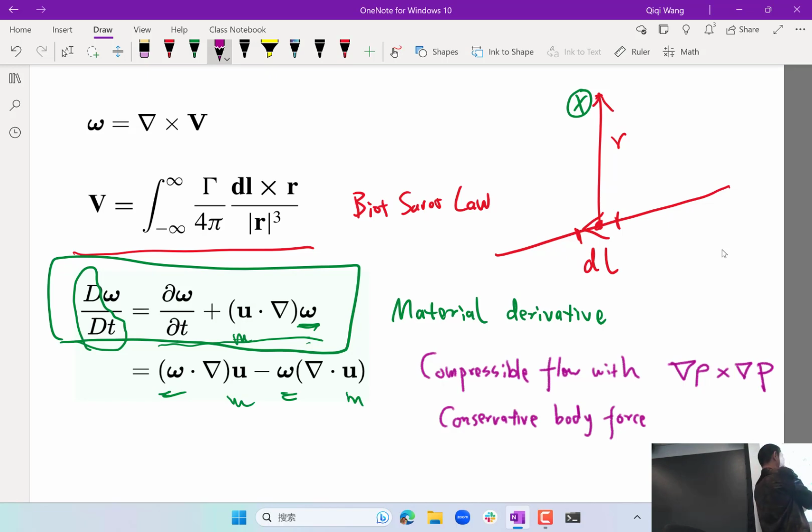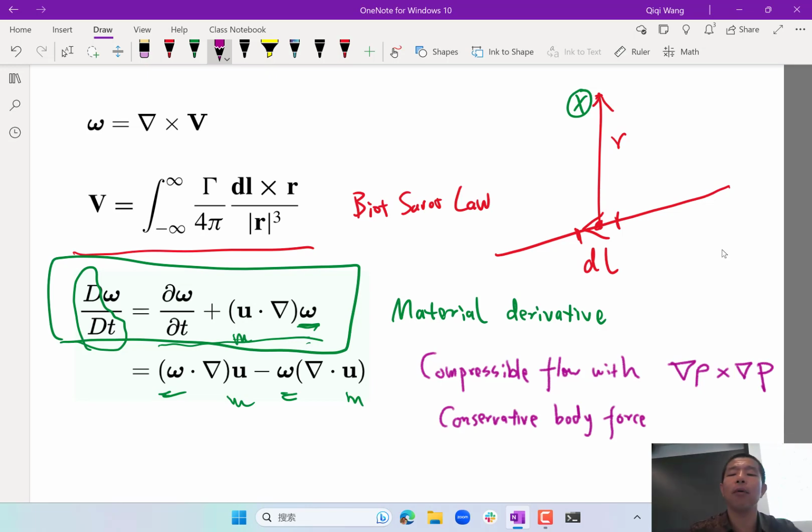There is omega here, omega here. So if omega is 0, the material derivative of vorticity is going to be 0, which means a location with 0 vorticity, as you go downstream, the vorticity stays 0.